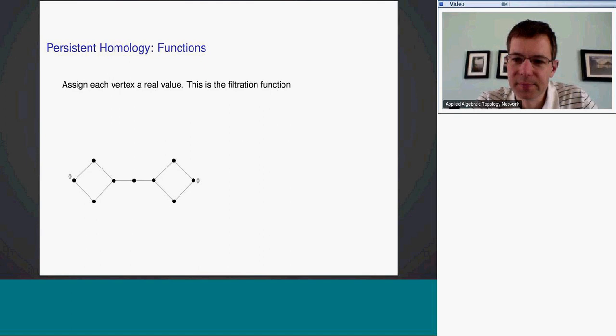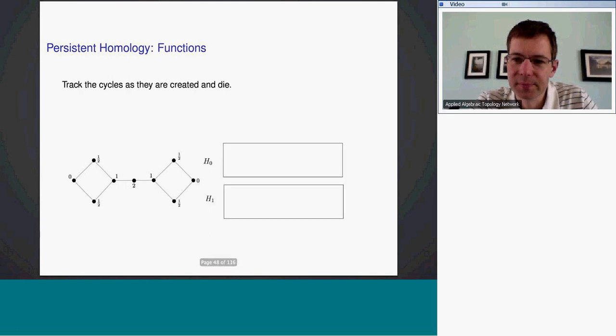I'm going to assign to these outermost vertices the number 0, and then a half, 1, and 2. So as I come into the center of the compound, this function increases. And we'll extend that to higher dimensional simplices, in this case to the edges, just by interpolation.